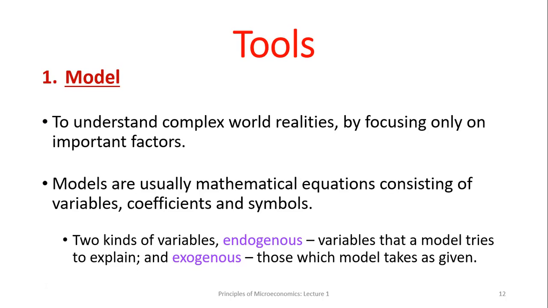A model just explains the generating process of endogenous variables, whereas some variables are taken as given. For example, when you say the quantity demanded depends upon the price, you take the price as given, and then your quantity demanded depends upon that price. We will study more about endogenous and exogenous variables later in this course.